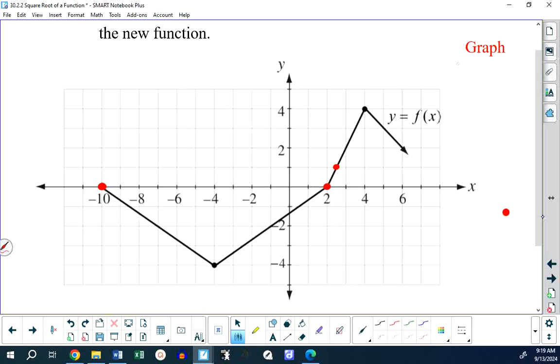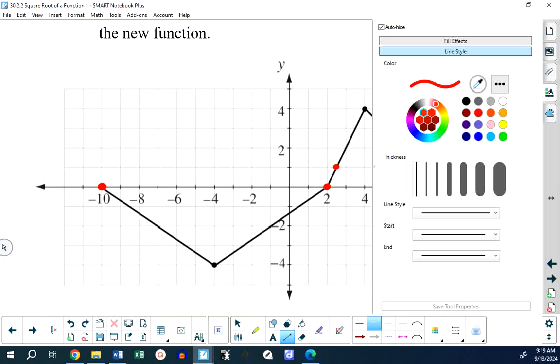The other thing we need to know, and I did this intentionally, is that you have to be careful on exams. When you see an arrow, you need to understand that it continues. So if I were to extend this, doesn't matter.